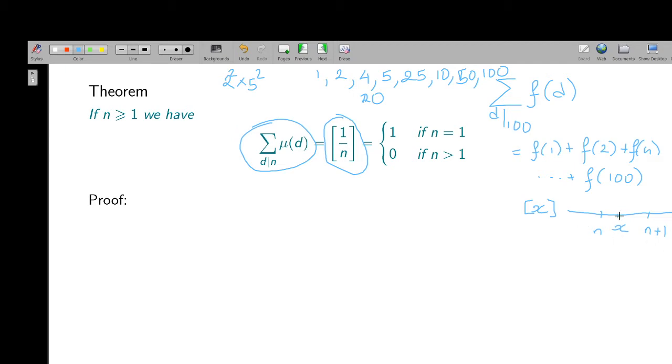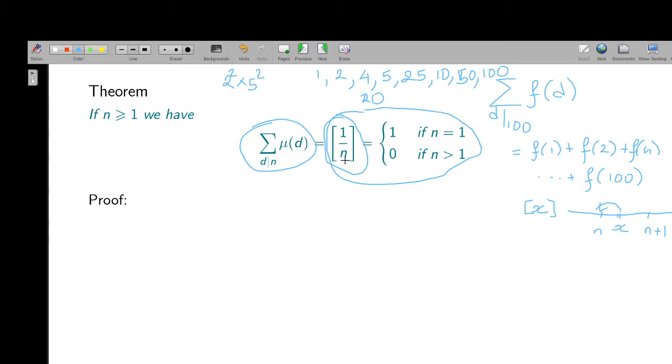So the greatest integer of x will be the one which is on the left, it is n here. Okay, so that is your greatest integer function, and I'm sure everyone can see this equality here. Try to understand this equality, it's not very difficult.